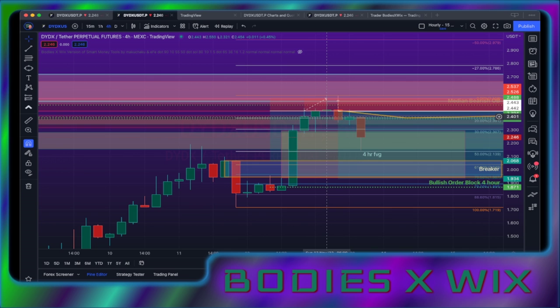So that's why I would put my stop loss there. I said if the 1 hour closed above that, that's when I would basically close the trade myself. That would be my stop loss there.